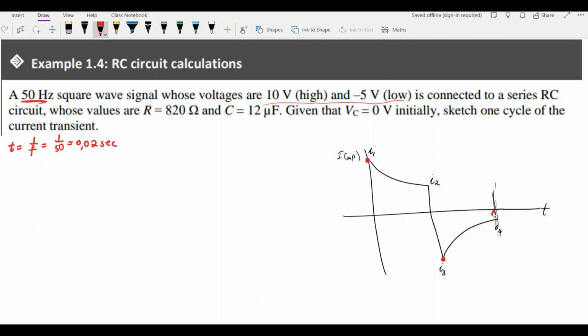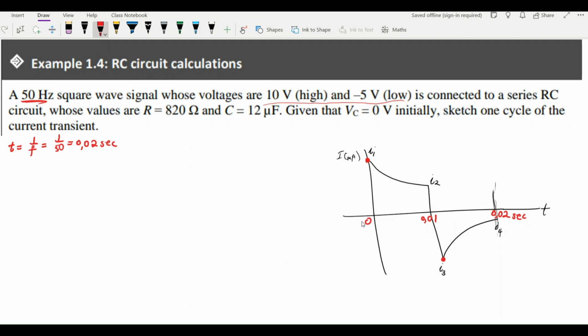This means the cycle is completed at 0.02 seconds, but half of this cycle would be 0.01, while here is at 0. You must be cognizant of these values whenever you're doing your calculations. This is just the rough estimate of what you should be expecting.